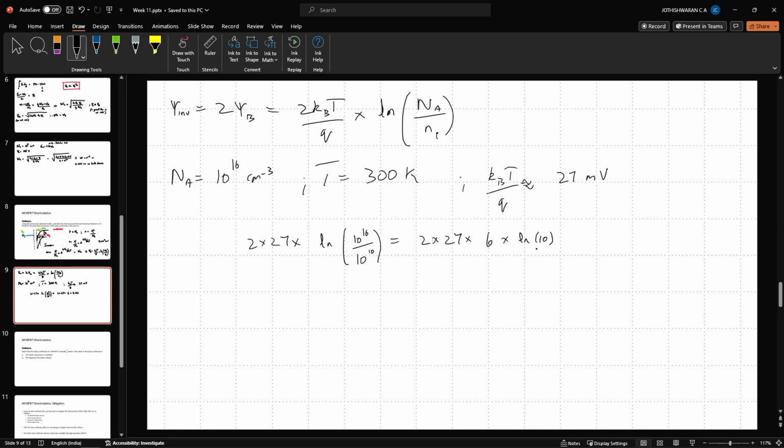By using the base change rule of logarithms, this is going to be 6 into natural log of 10.